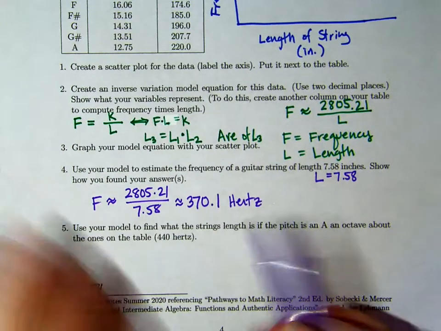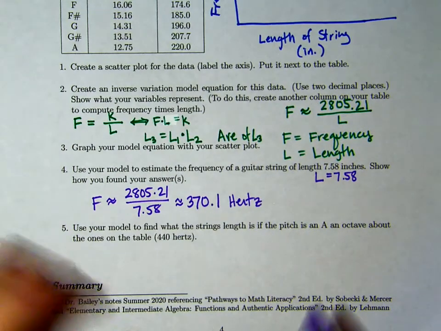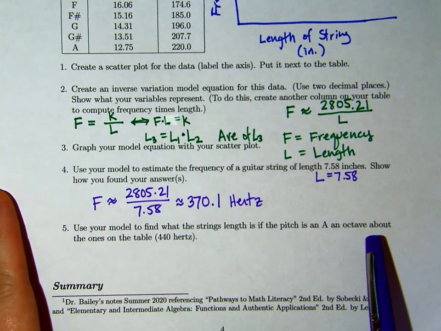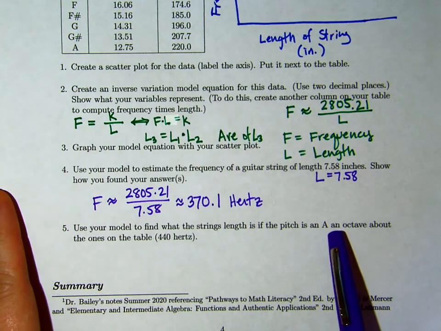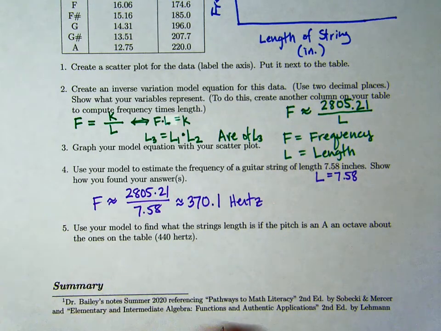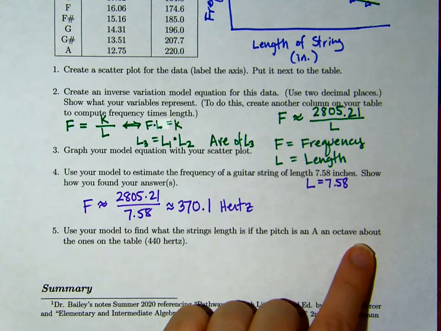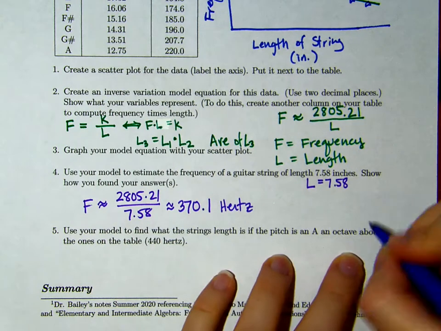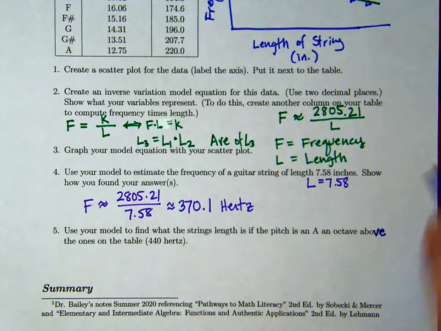Use your model to find what string length is for the pitch of A, an octave, I think this is supposed to be above, an octave above the ones on the table.